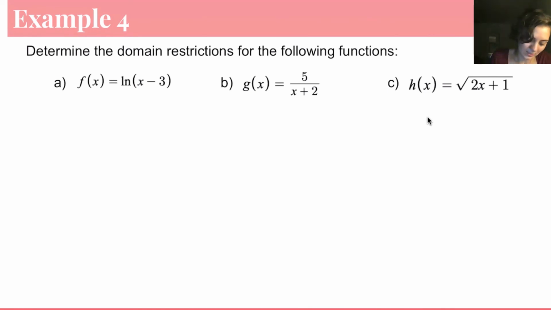Inside the argument, remember you need only positive numbers. Okay, so that means that x minus 3 has to be greater than 0. So the domain restriction for this function is that x is greater than 3.